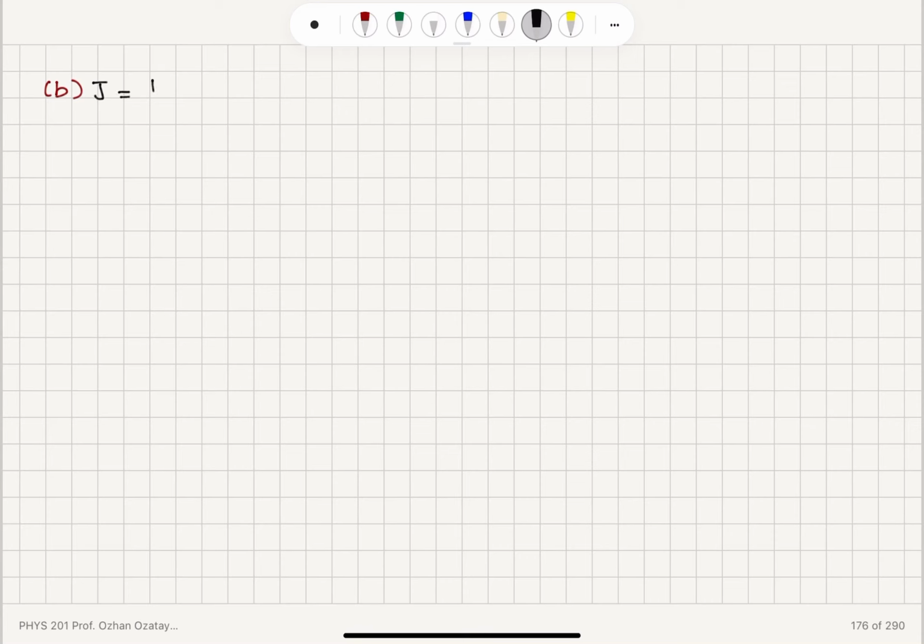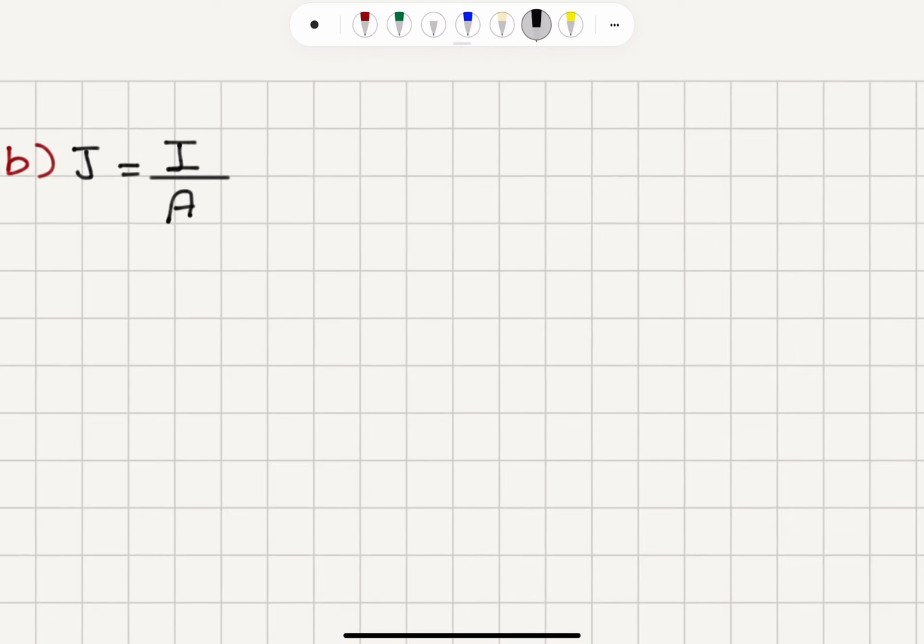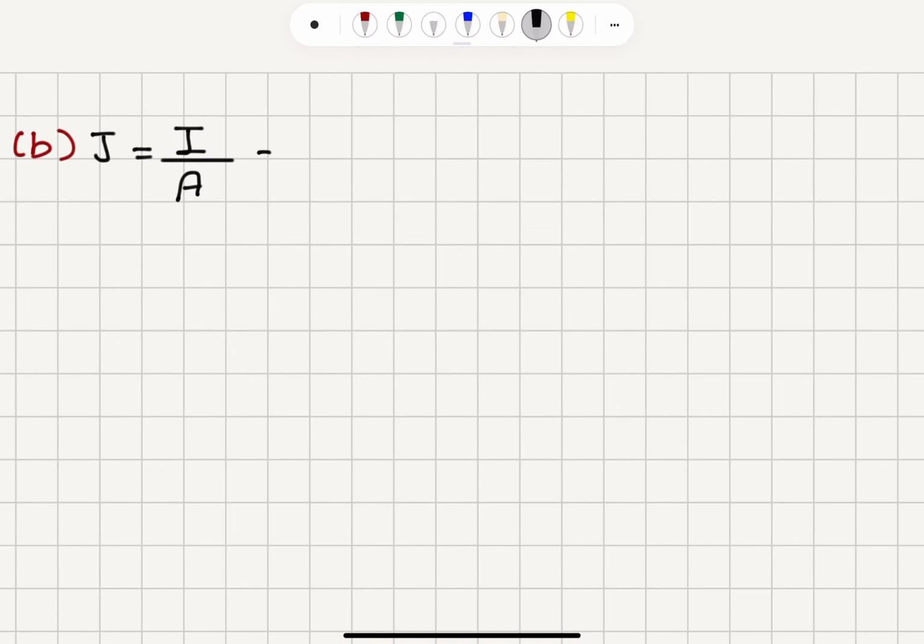The current density is the current per cross-sectional area A, and this is going to be equal to, because I have calculated the current in part A, V0 over rho 0 capital L times 1 minus e to the minus 1, and this is equal to the electric field divided by the resistivity rho of x, or conductivity multiplied by the electric field.